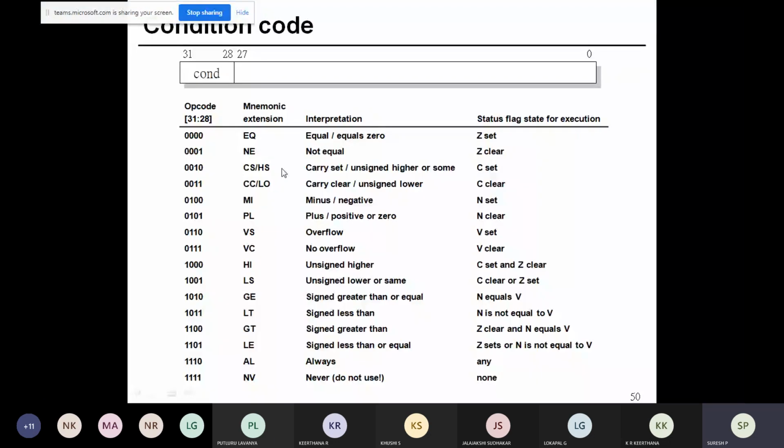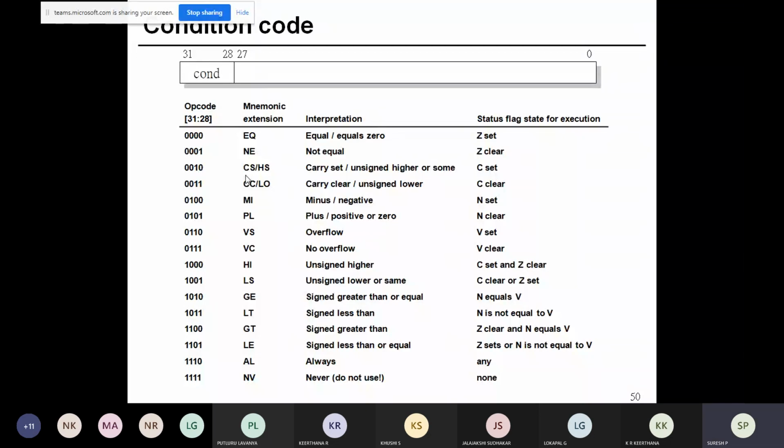So next, it is carry set. CS is the mnemonic extension you have to give. When you are going to have carry clear, that will make your carry flag clear, that is 0. Next is negative, a minus. When the negative flag is set, that is the N flag is set.